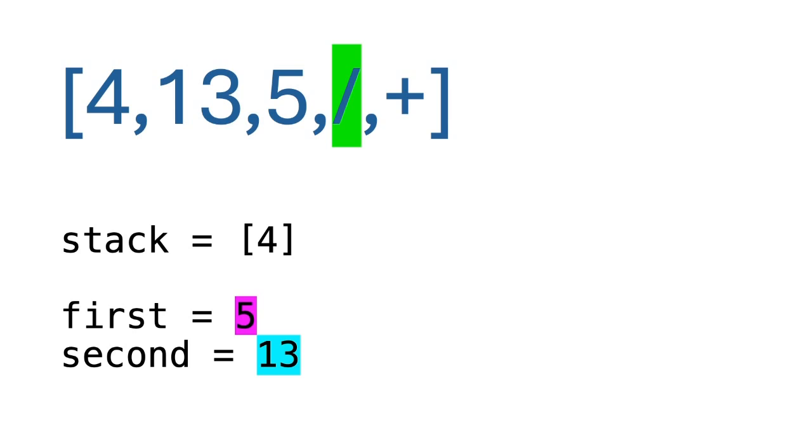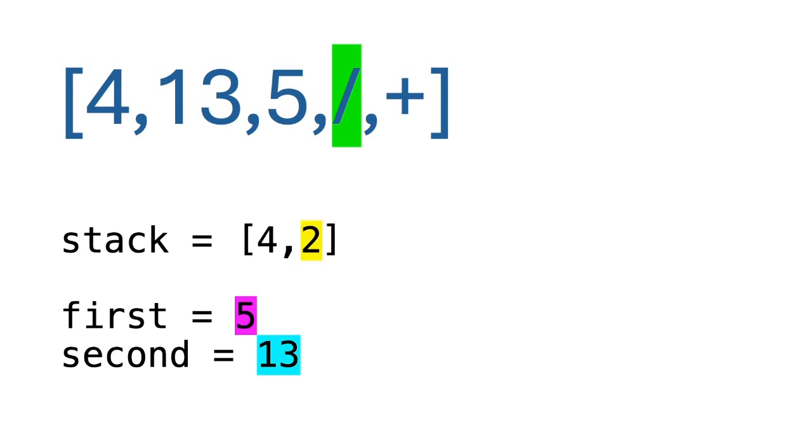Next, we will calculate the sub-expression, which is 13 divided by 5. In other words, it is second divided by first. 13 divided by 5, when you round it to an integer, we will get the value 2. We will append the sub-expression result, which is 2, to the stack.